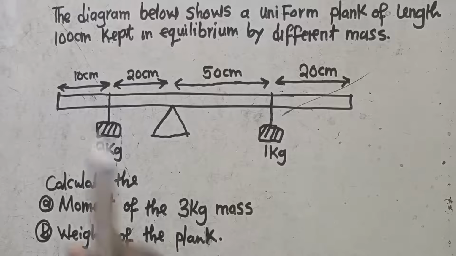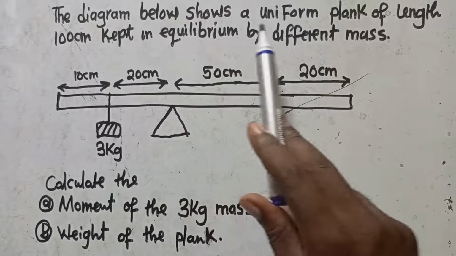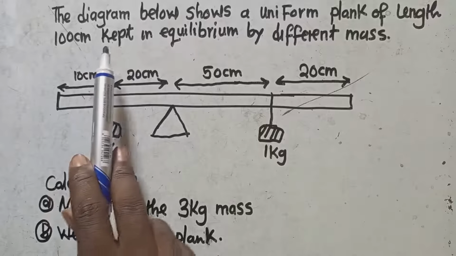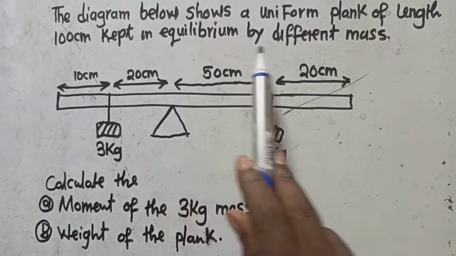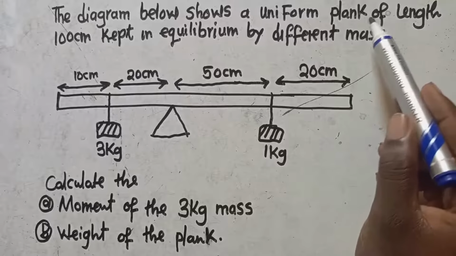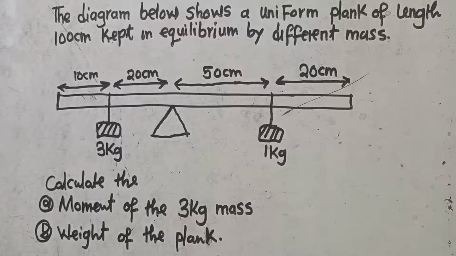The question is saying, the diagram below shows a uniform plank of length 100 centimeters kept in equilibrium by different masses. You need to understand that sometimes they will say a uniform meter rule. So the moment you hear a uniform meter rule, a meter is 100 centimeters.